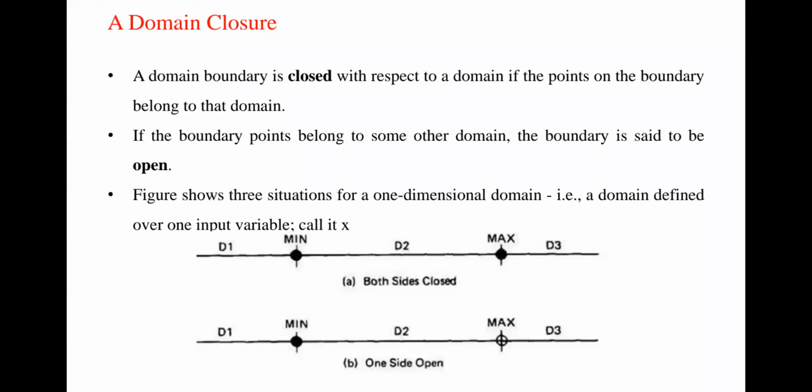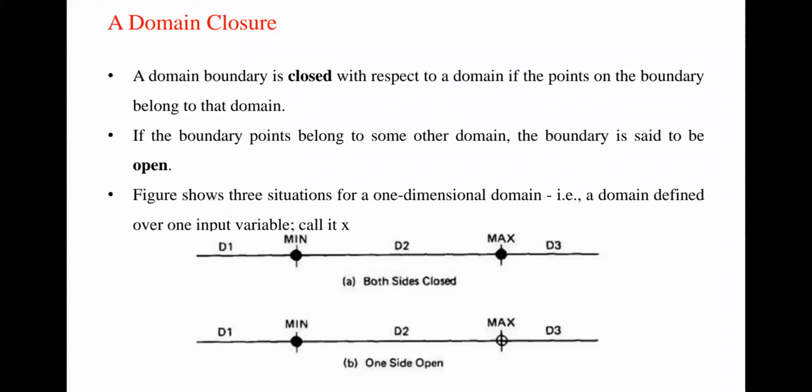If the minimum is one boundary related to D2 and the maximum is related to domain D3, then one will be closed and one will be open. When the boundary points belong to another domain, the boundary is said to be open.